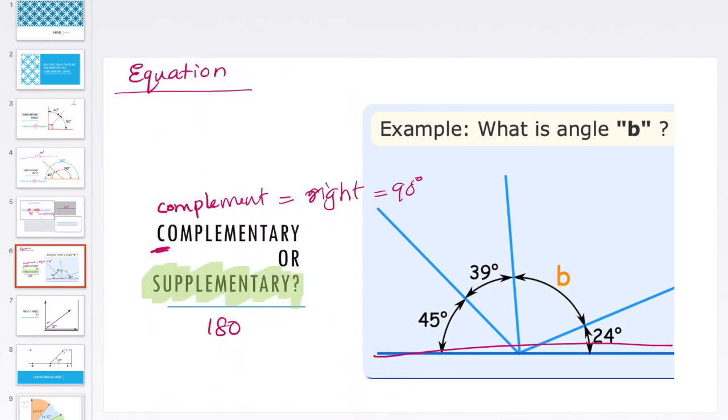Pretty simple. 45 degrees plus 39 degrees plus B degrees plus 24 degrees. These are all degrees. When I add these, I'm going to get 180. Now there you have an equation. What you do next is solve the equation, which I am 100% sure you know how to do. We'll come back to that.